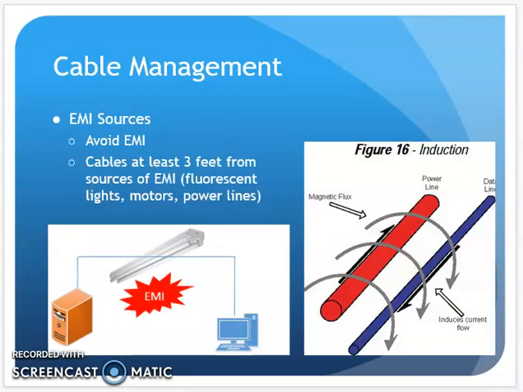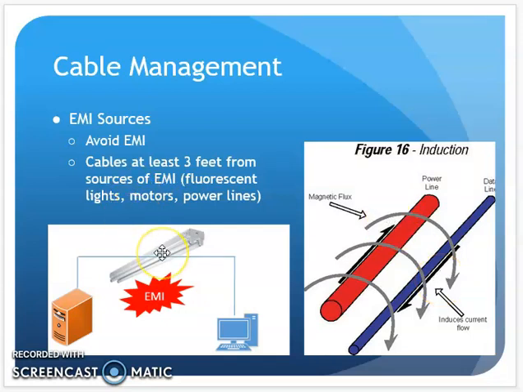I need to look out for sources of EMI, electromagnetic interference. That's what EMI stands for. That is basically interference from anything using power. A power line has magnetic fields around it. Those magnetic fields can actually induce noise into my data cabling.